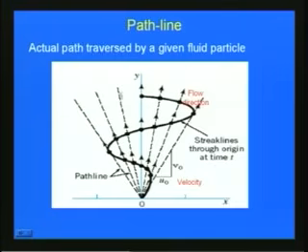It is the path traversed by a given fluid particle with respect to time. Here you can see the particle's initial position, and then how it traverses with time. The flow direction in this case is like this, but the fluid particle traverses like this. The path line is also used in fluid mechanics very much.